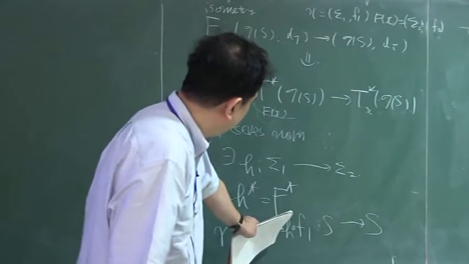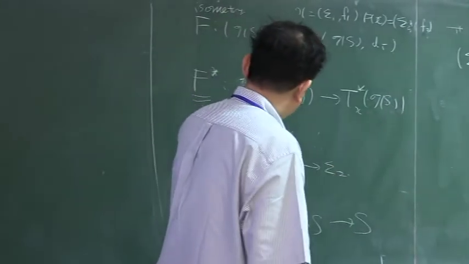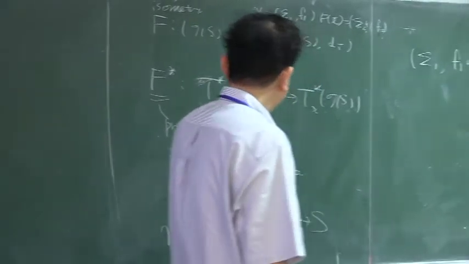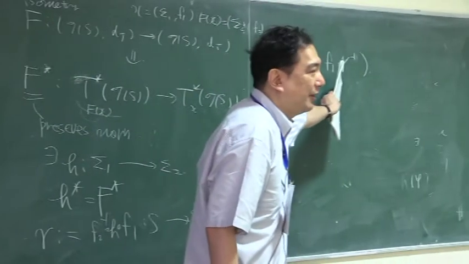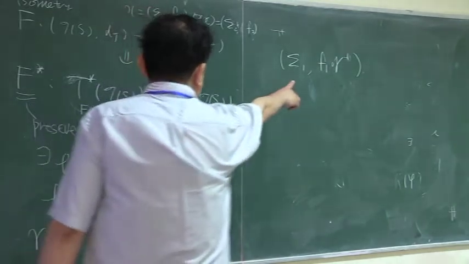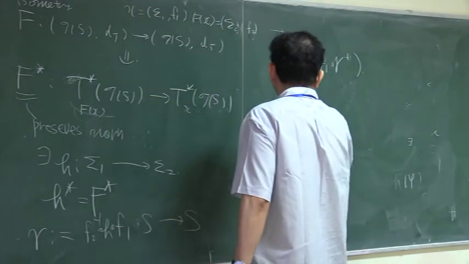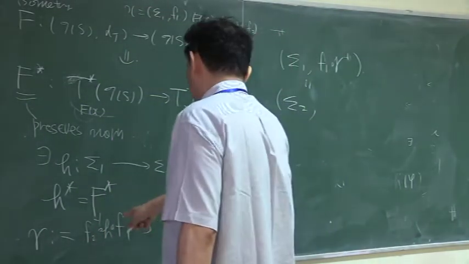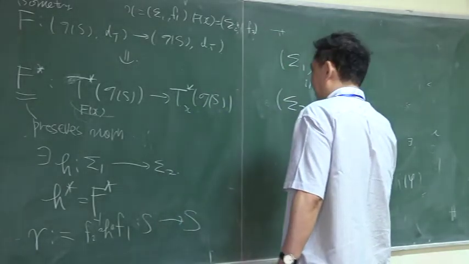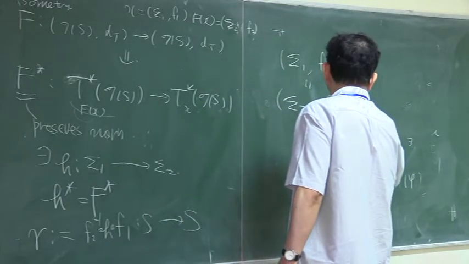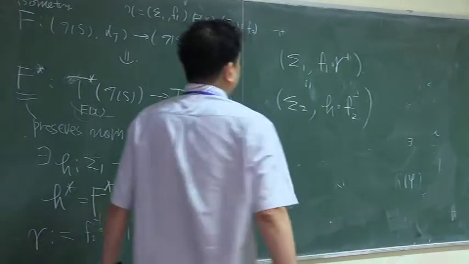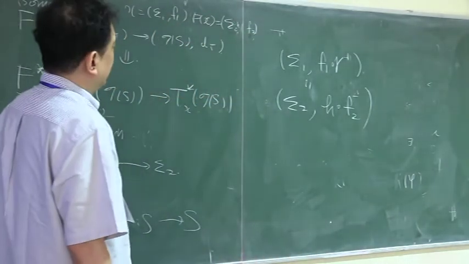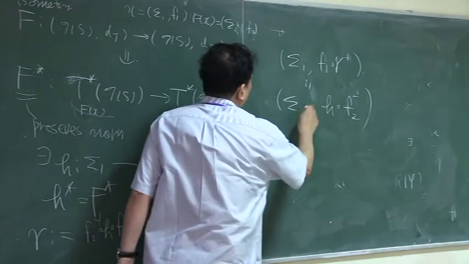So if you just compose the inverse of that from the right, then what you get is sigma 1, H, F2 inverse. Sorry, not sigma 2, sigma 1.